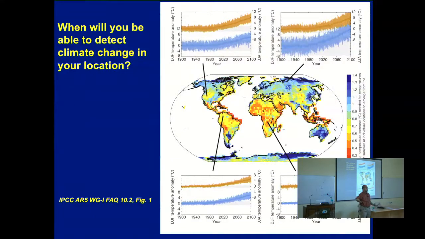We can only know that from models where we do not impose any external force, right? Anything that is internal variability is our noise, okay? No external, natural or anthropogenic. Those don't count as noise. It's anything that is internal variability that is my noise, right?